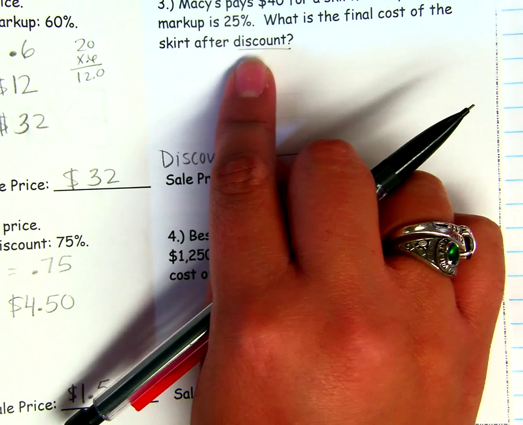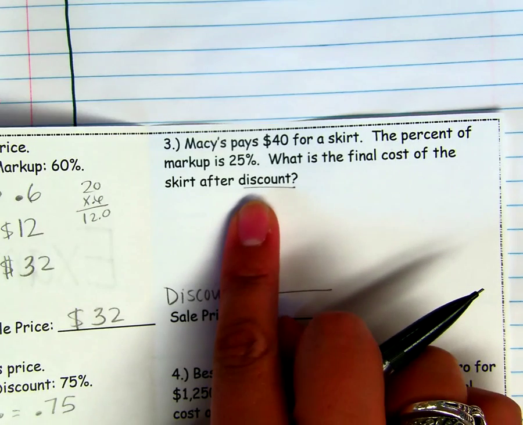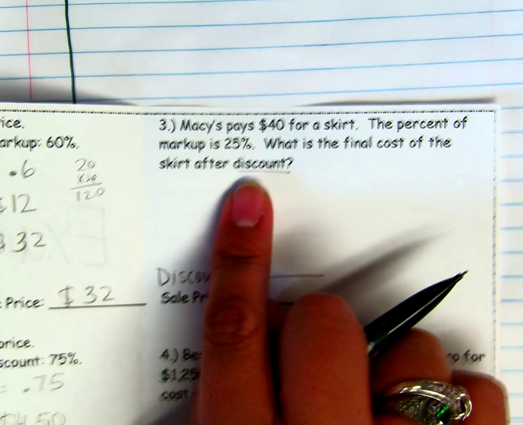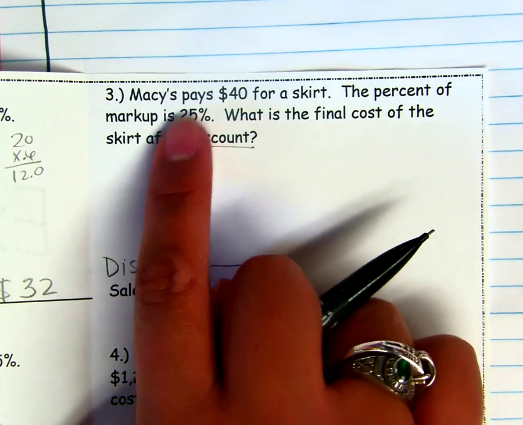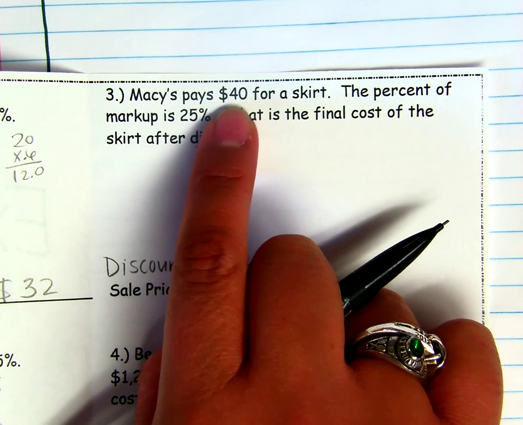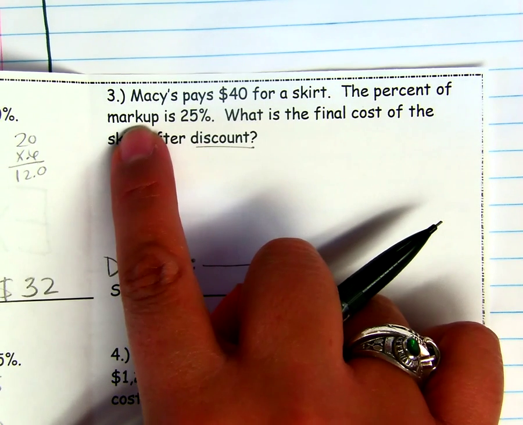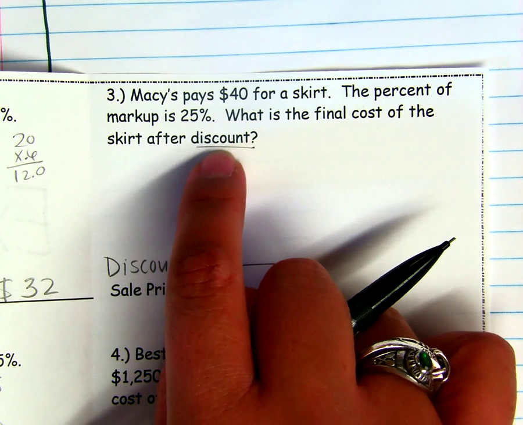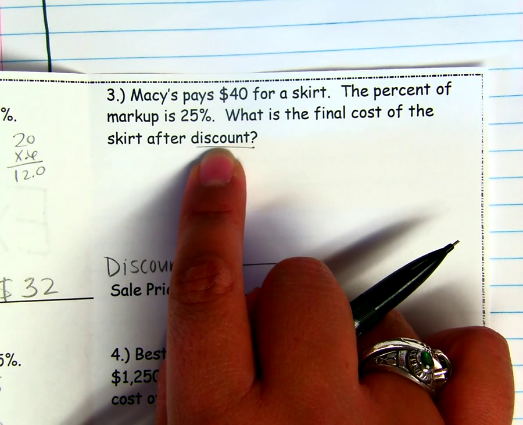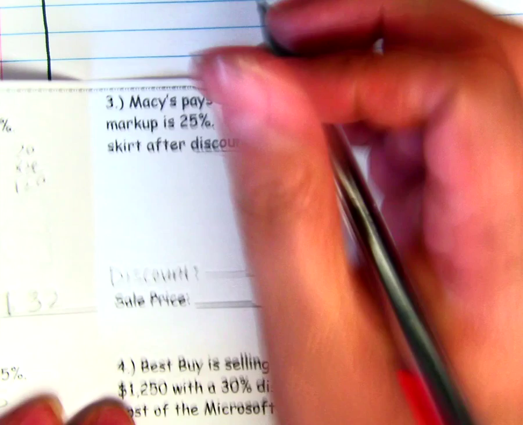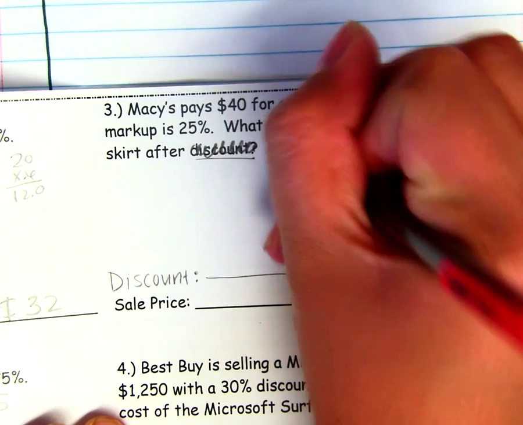Oh, so something's wrong with this one. Let's read it first, because that way you guys don't have questions. So it says Macy's pays $40 for a skirt, right? The percent of the markup is 25%. So what should this word here really be? Markup. It should be markup.